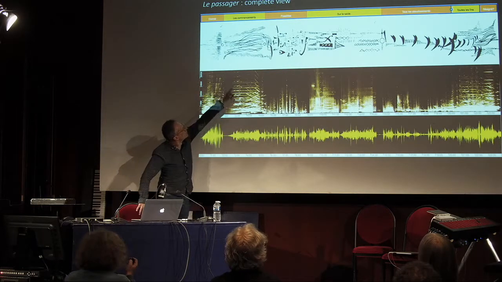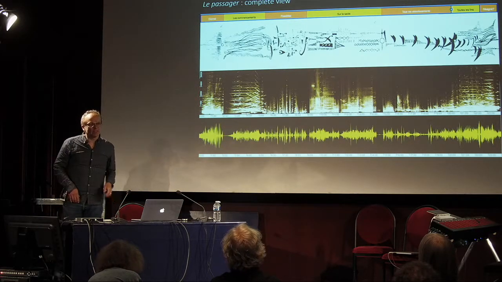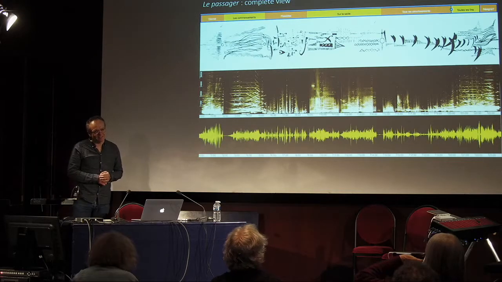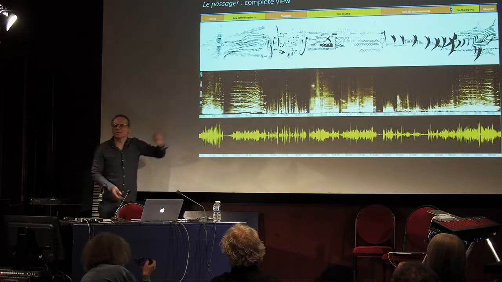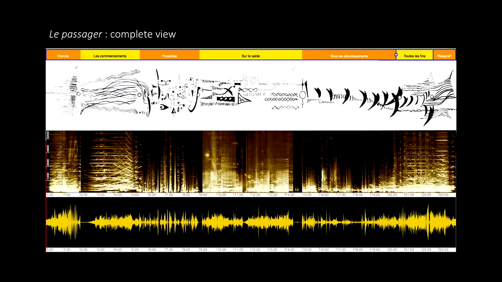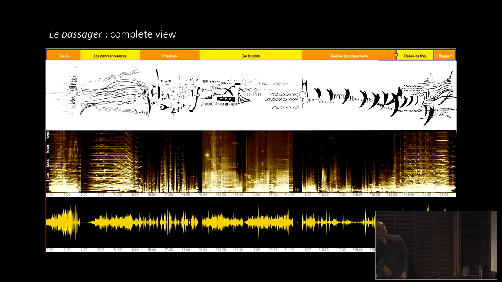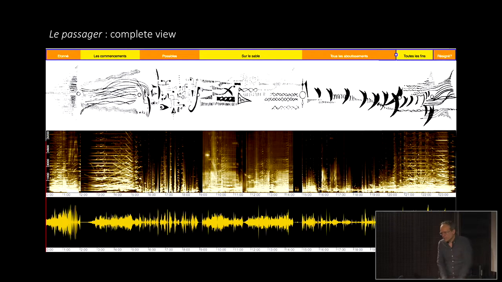Here above you can see it's not exactly a score, it's a symbolic score, in fact, which means that it's not exactly the sound you will hear, but it's a symbolic representation of the sound I've made for this piece. And yes, we've got 7 parts, movements in this piece, which represent for me 7 moments in life, in fact.